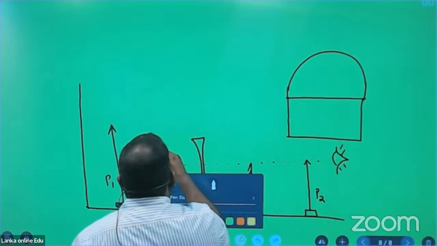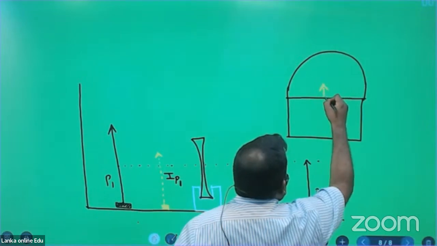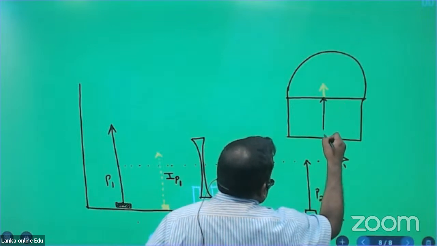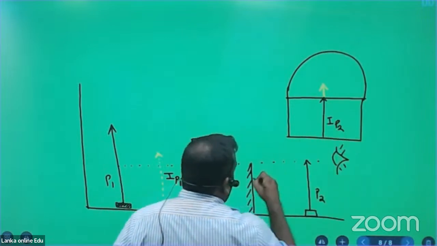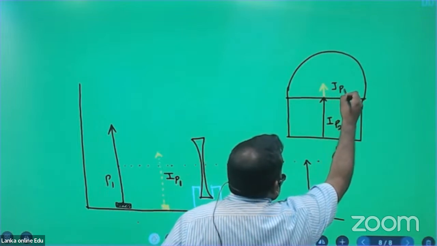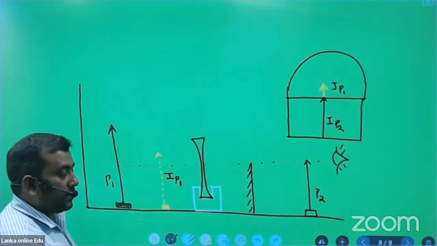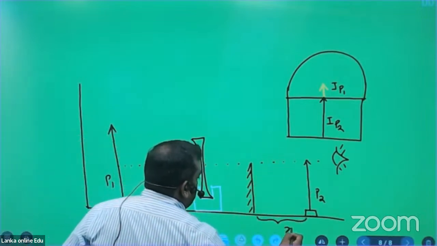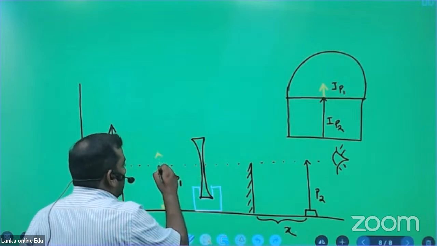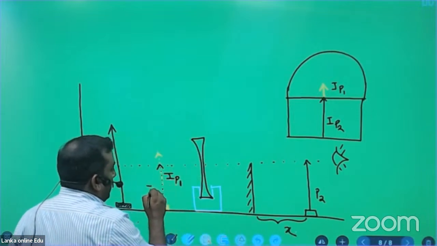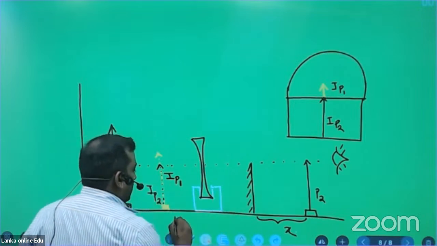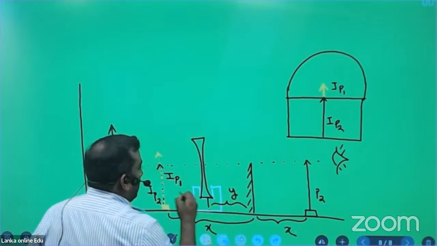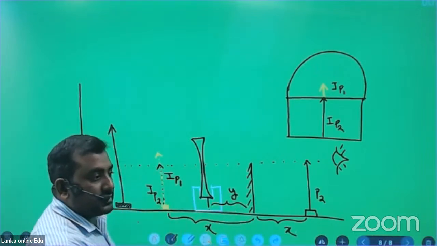You will see part of this image here on top, and you will see this pin here at the bottom. So image of P2, this is the image of P1. If this distance is x, and the image of P2 is also here, this distance is also x, this is y, x minus y is image distance.